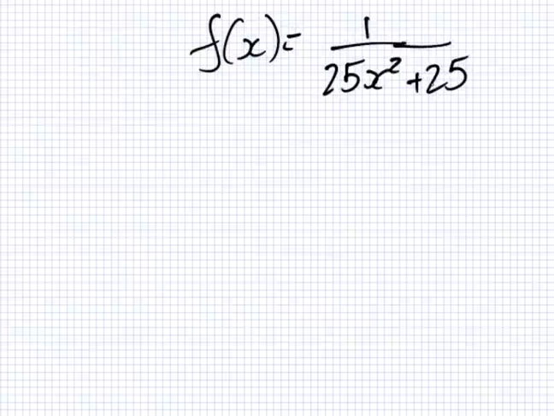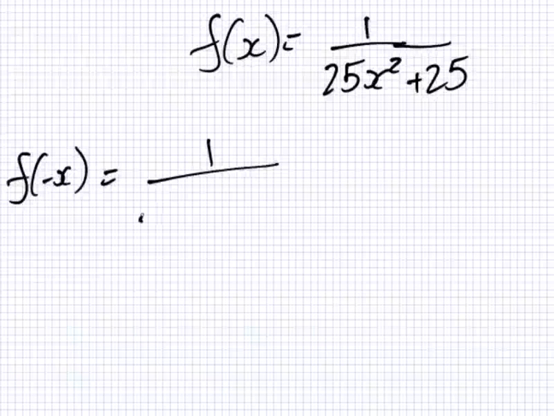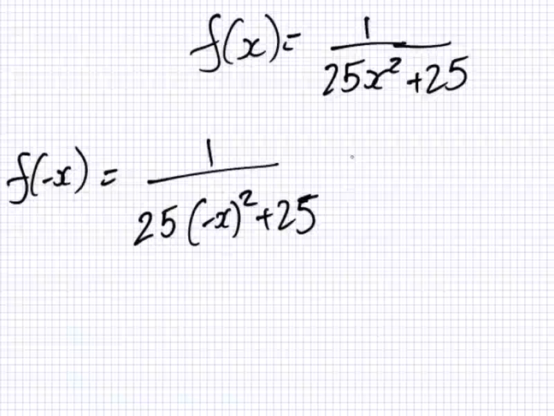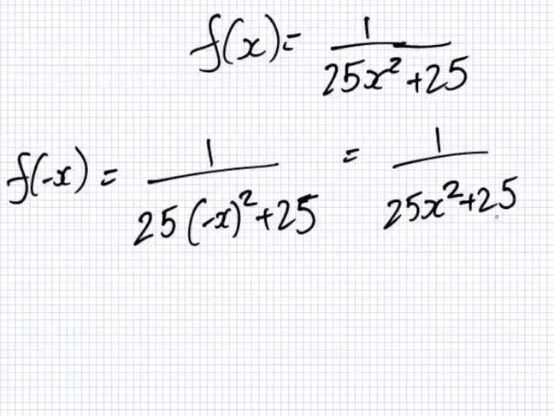What's minus 1 squared? 1. And what's 1 times x squared? x squared. But what does x squared equal? x squared is f of x. So I started with f of minus x, and I finished with f of x. You can say f of minus x equals f of x, therefore it's even.